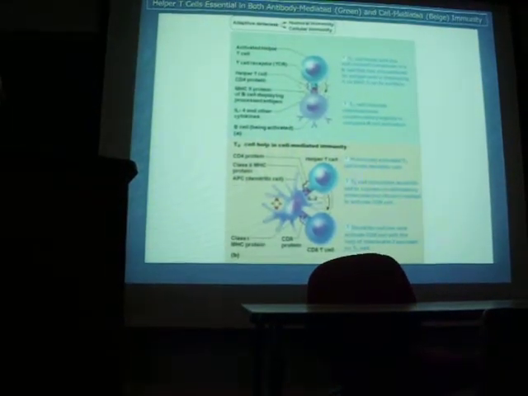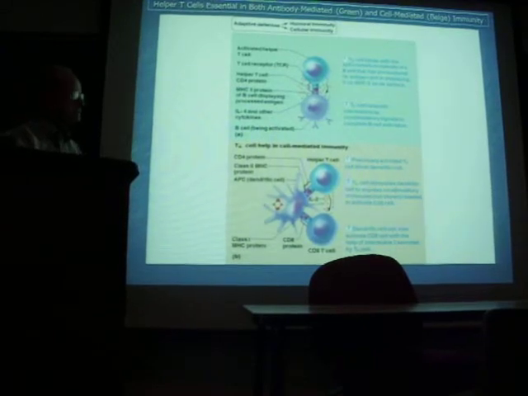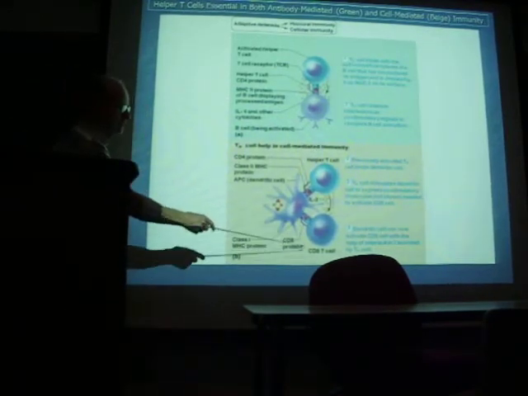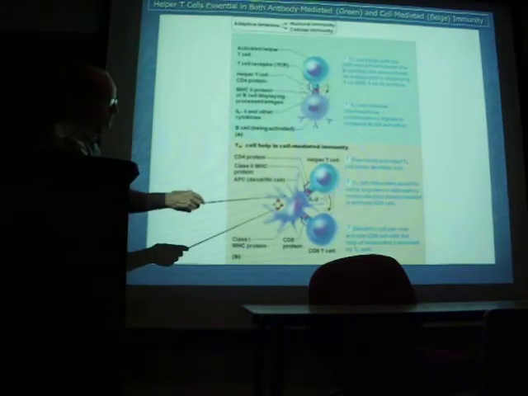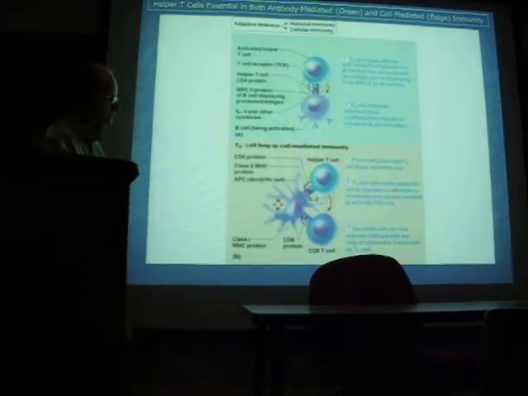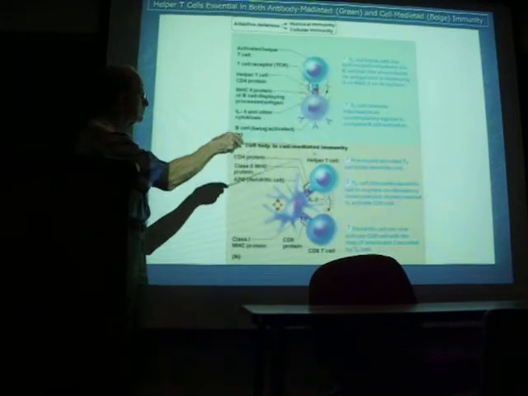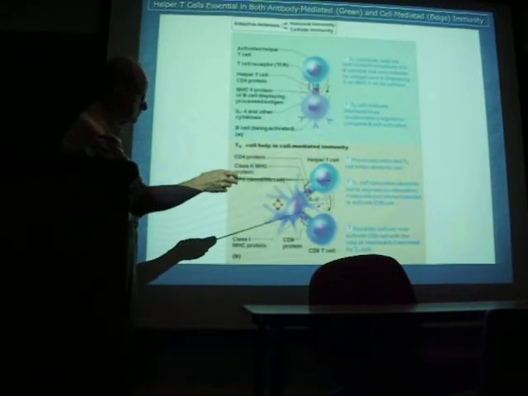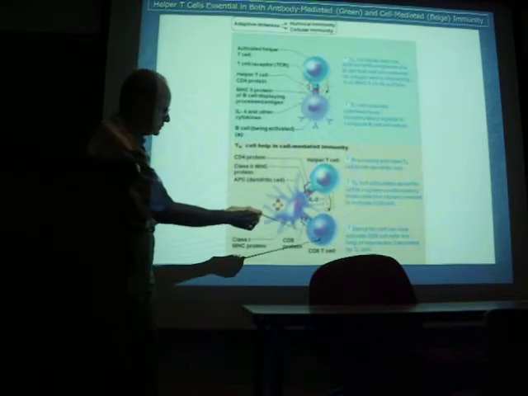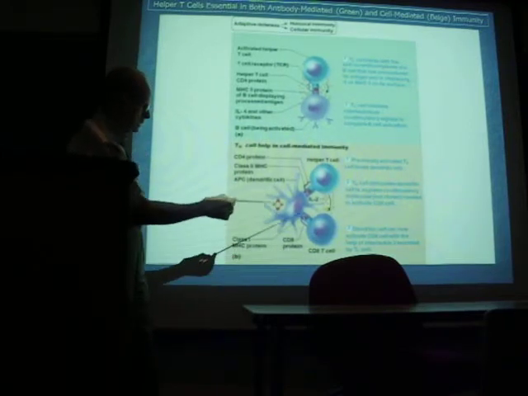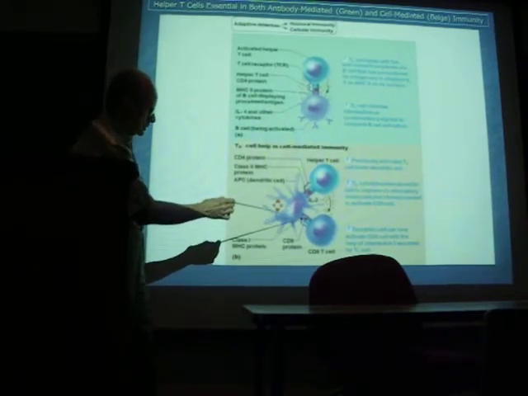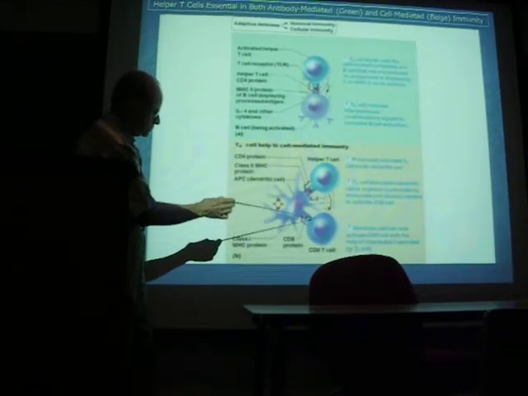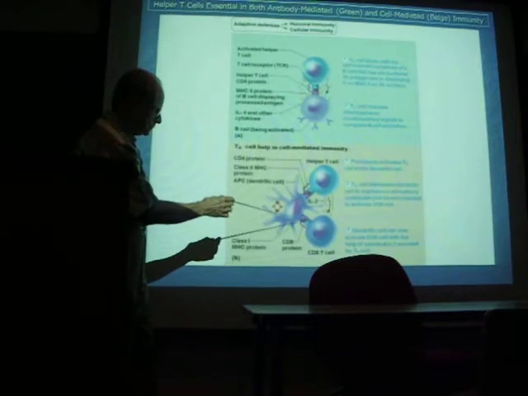Here is the way helper T cells work in cytotoxic T cells, the CD8 kind. Here happens to be an antigen-presenting cell. Here we are. Antigen-presenting, the beige is T cell. All right, here is our cytotoxic T cell. Here is an antigen-presenting cell presenting an antigenic fragment to the T cell that's specific for this antigen.